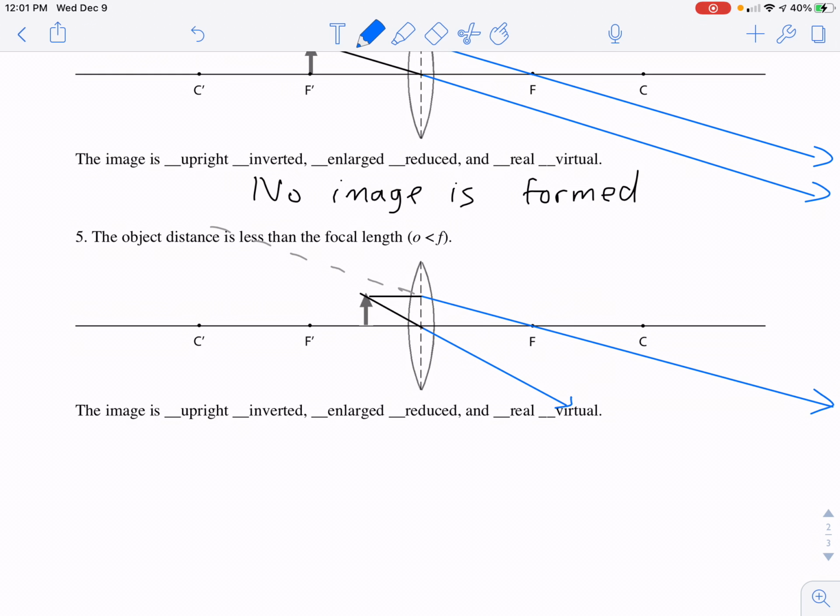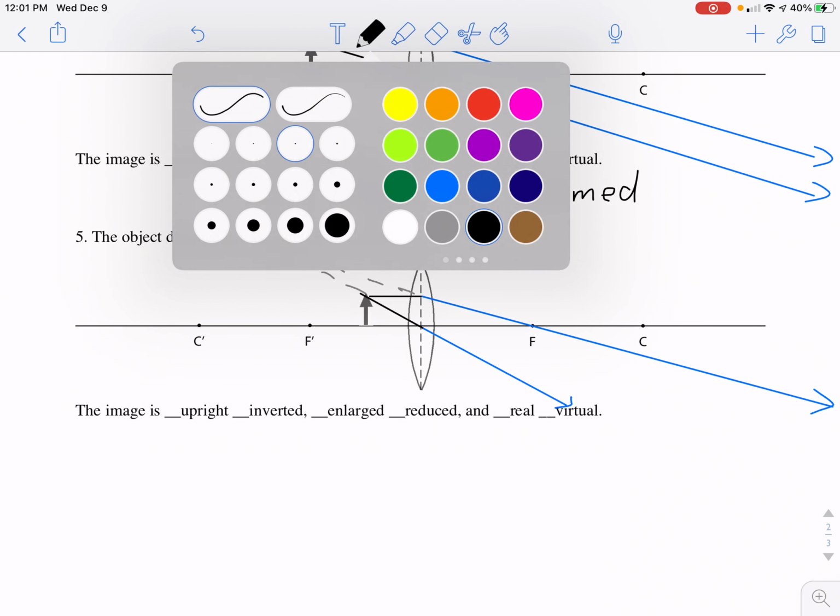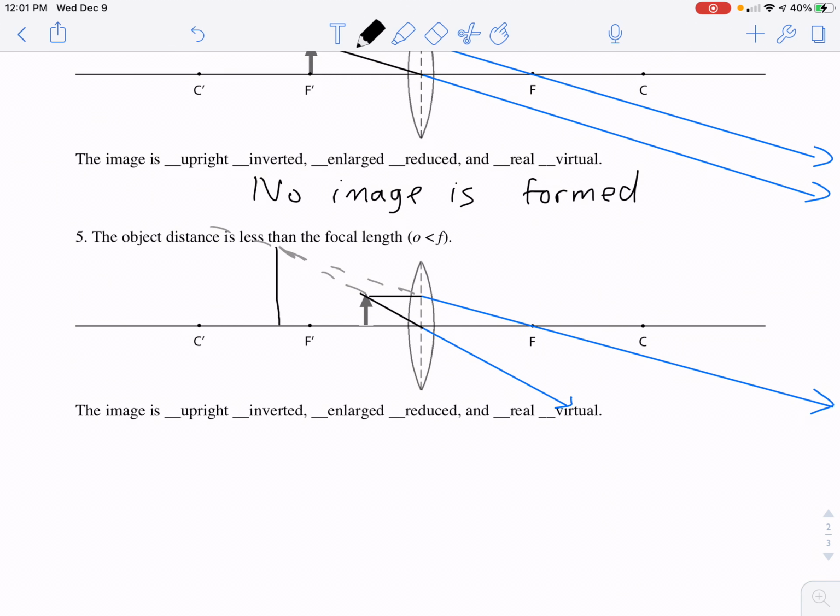Now you'll notice that this one has a back ray that's intersecting. You can see that the two sets of refracting rays are diverging.